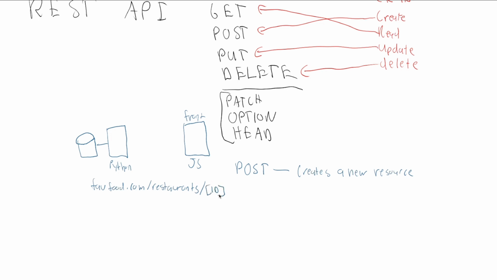If I want to send a post request, meaning I want to create a new resource, I won't be going to this URL. Now, why is that? That's because that's just retrieving, let's say, HTML. If I type this in on my web browser and hit enter, this will display the actual web page. But I want to get to the actual resource in the database. So if I'm doing a post request, I would be making a call to something like this.